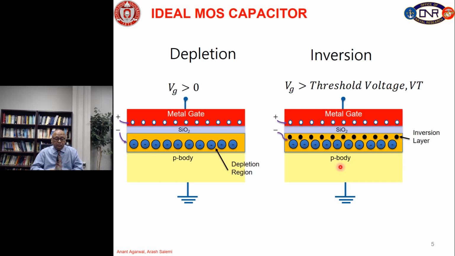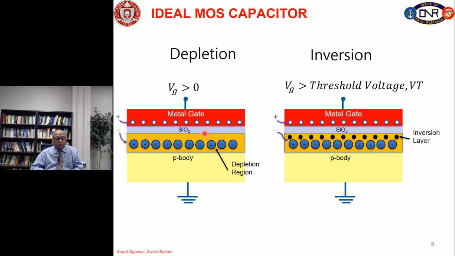And then we have the left hand side again, which is called the depletion. In this case, we have applied gate voltage which is positive, but not too positive. So, in this case, in order to drop this gate voltage across this oxide, we need positive charge in the metal and negative charge in the semiconductor.